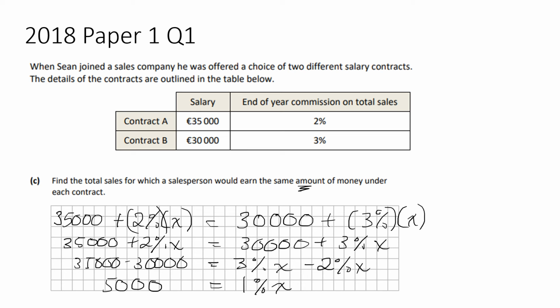So if 5,000 is equal to 1% X, I'm trying to find what X is. So the last thing I need to do is do 5,000 divide by 1%, and that will give you 5,000 divided by 1% gives you 500,000.